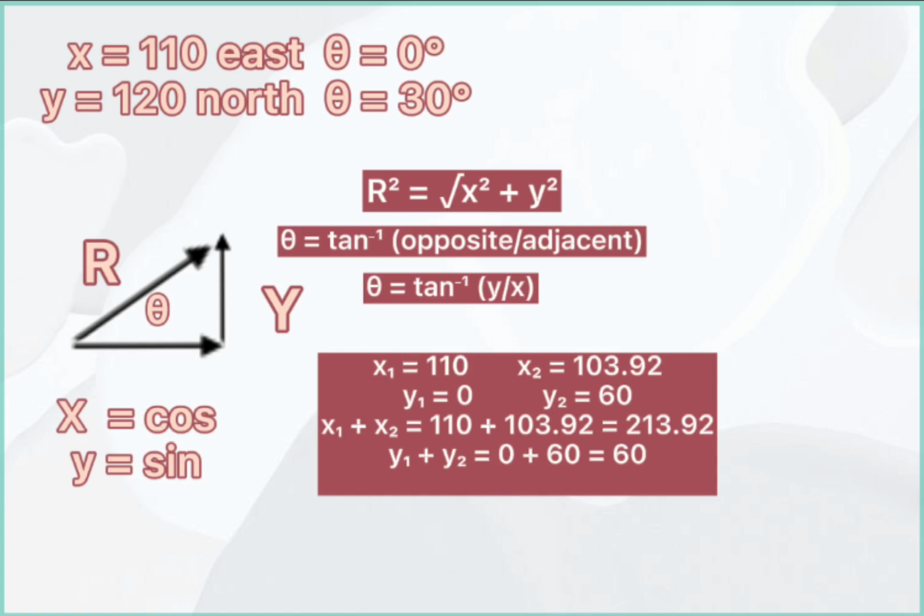X sub 1 is 110 times the cosine of 0, which is equal to 110. Y sub 1 is 110 times the sine of 0, which is equal to 0. X sub 2 is 120 times the cosine of 30, which is equal to 103.92. And y sub 2 is 120 times the sine of 30, which is equal to 60.